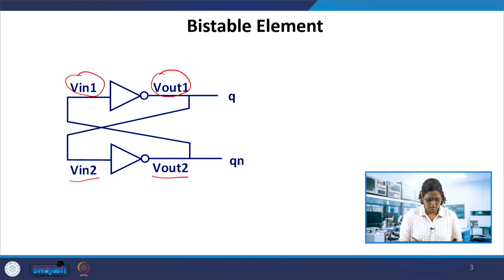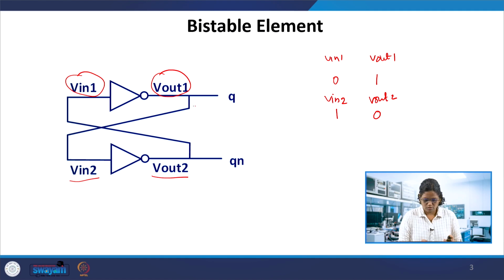Suppose V in 1 is 0, then V out 1 is 1. If this is 1, then V in 2 becomes 1, since it is connected back to back, and V out 2 becomes 0.